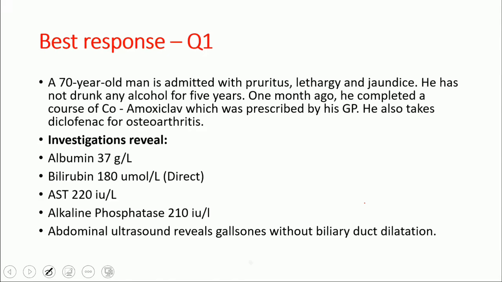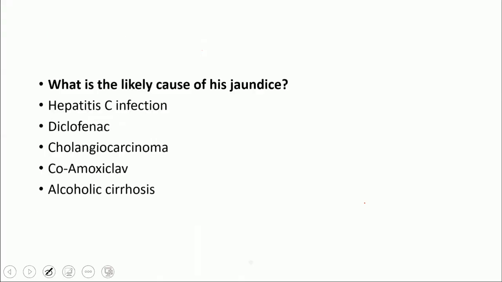The unusual thing to remember is you can get delayed manifestations from drug-induced cholestasis. Here it says the coamoxiclav was taken a month ago, but still you can get symptoms later on as well. Coamoxiclav is well known to cause cholestasis and delayed cholestasis. That is a very clear thing that everybody knows about.